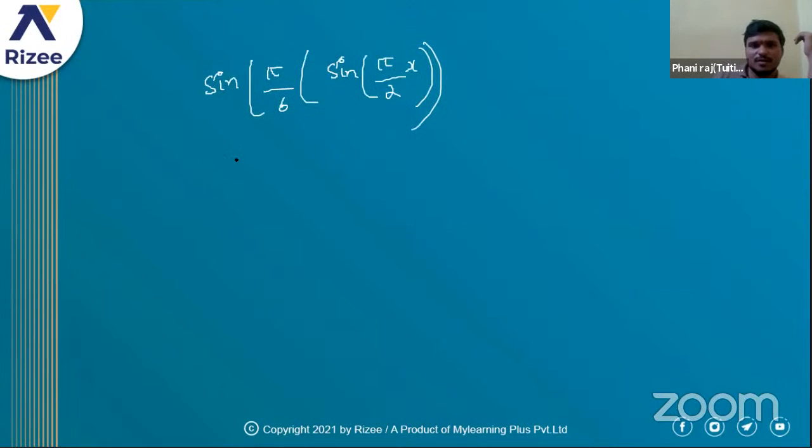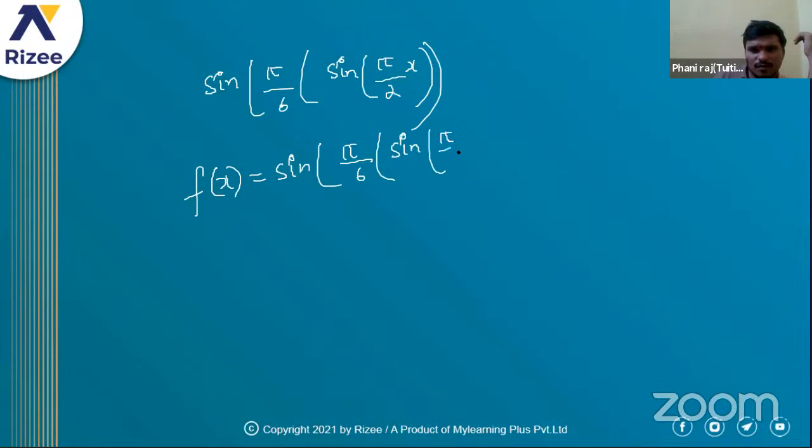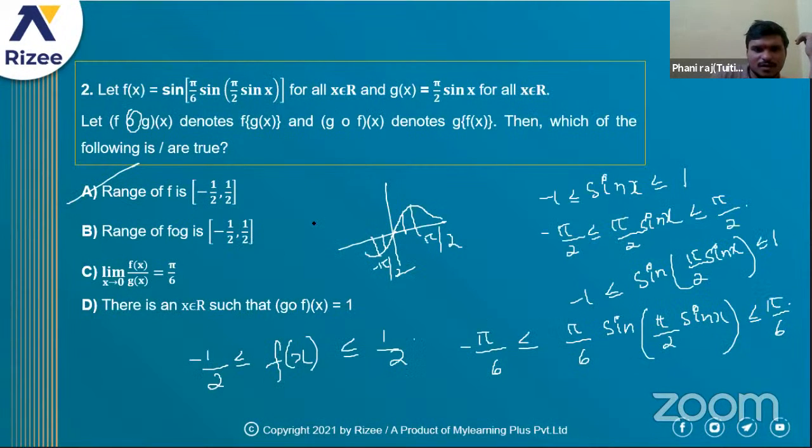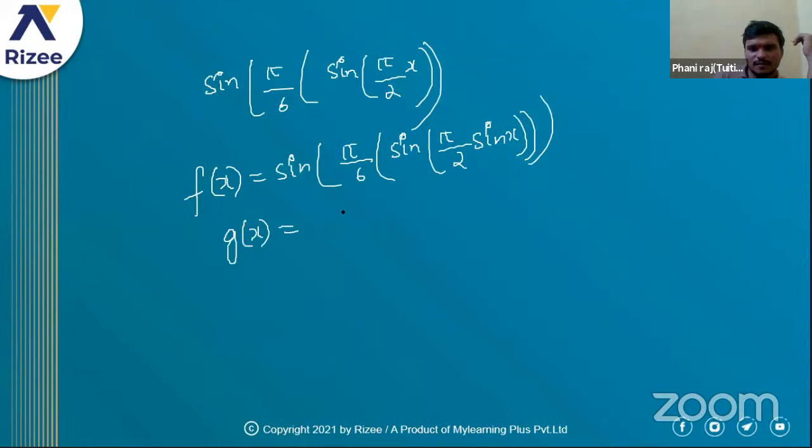So f of x equal to sine of pi by 6 of sine of pi by 2 sine x. This is what f of x is. Now g of x is what? Pi by 2 sine x.